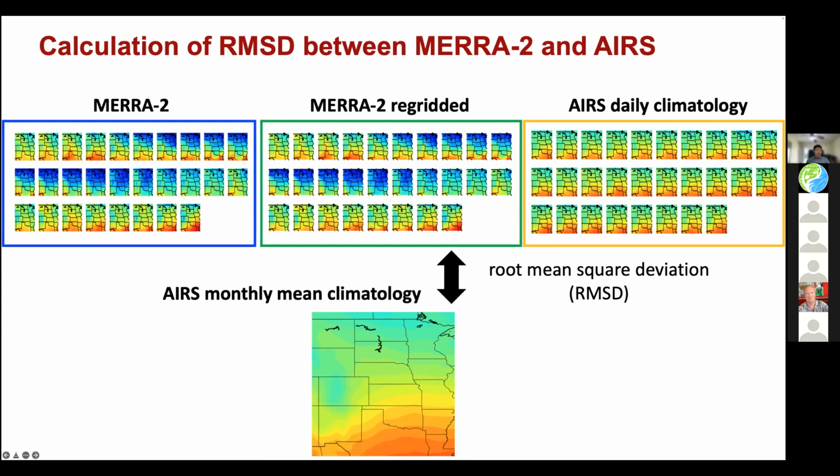So we all know that the root mean square deviation, the RMSD, can be calculated only between the regridded observation and climatology. So the climatology looks like this throughout that month, and it's not surprising because it's a long-term average.